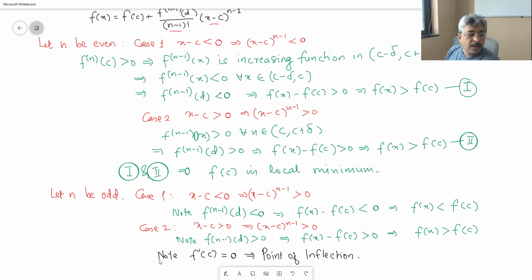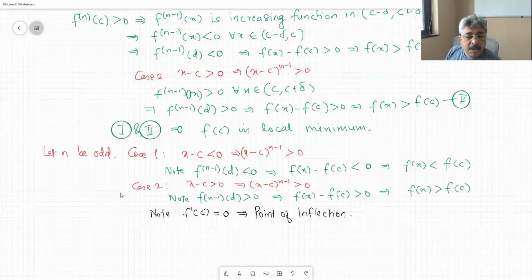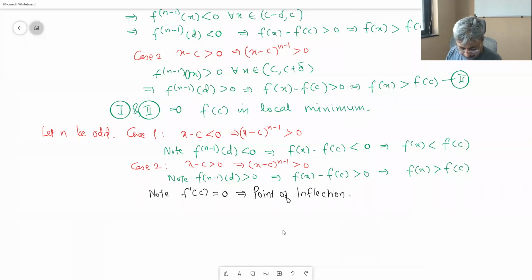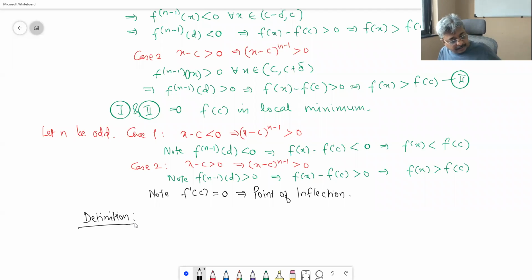Okay, so it is important I write down what I mean by point of inflection. Definition: point of inflection is where the function changes the convexity. Convex becomes concave and concave becomes convex. Something like that.